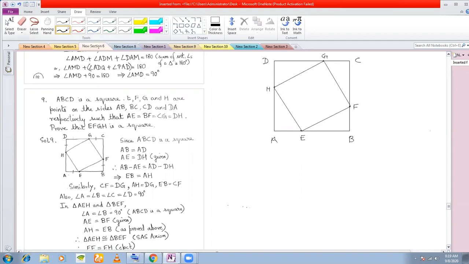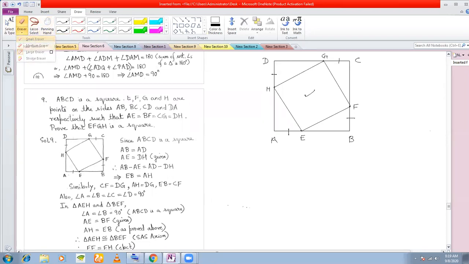So this side AE is equal to BF, this side is equal to CG, this length is equal to DH. These four are equal. You need to show that EFGH is also a square. That is, this quadrilateral that you see inside the square, EFGH. You need to show that this is also a square.